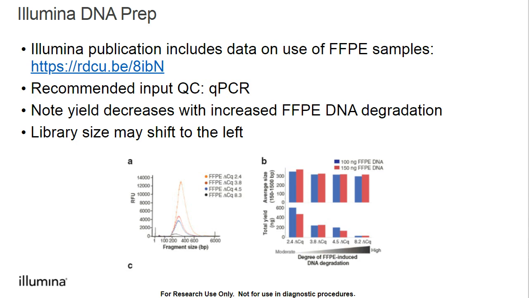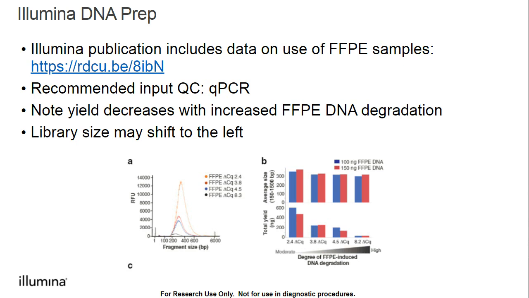So they did do an input QC with qPCR, like we talked about is a very popular option for QCing FFPE DNA. And what's important to note in these figures down below, specifically let's look at panel B, is that the yield does decrease with an increased level of degradation of our DNA sample. And this can also lead to a size shift.